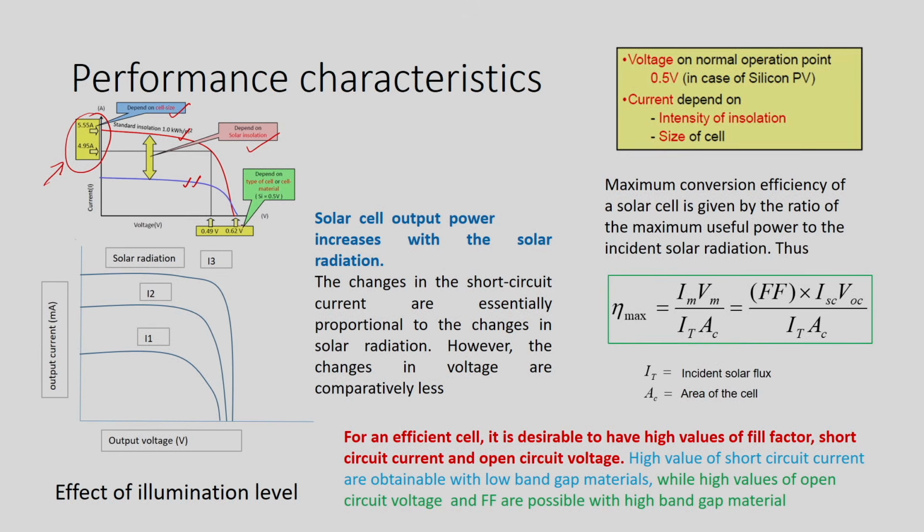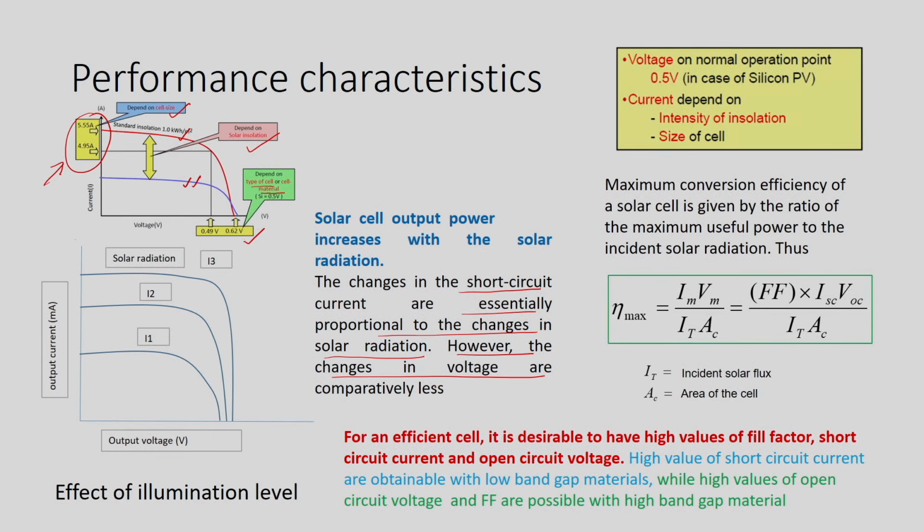But the open circuit voltage VOC depends on the type of cell or cell material. So this is fixed for a particular solar cell. The solar cell output power increases with solar radiation. The change in short circuit current is essentially proportional to the change in solar radiation.